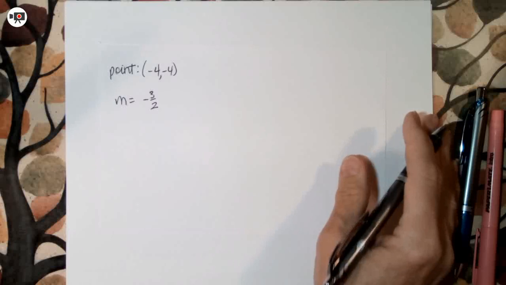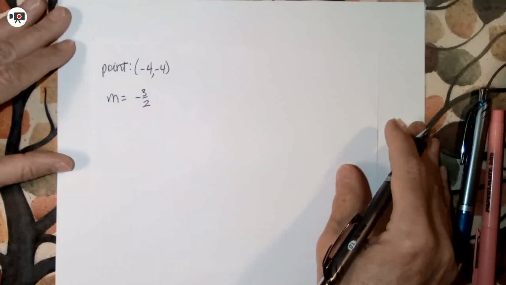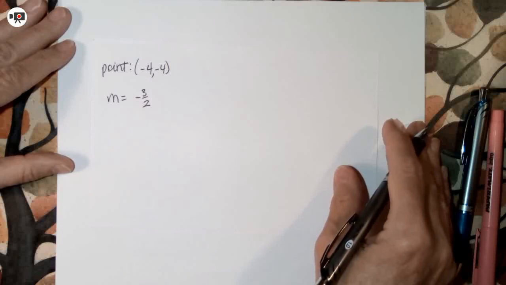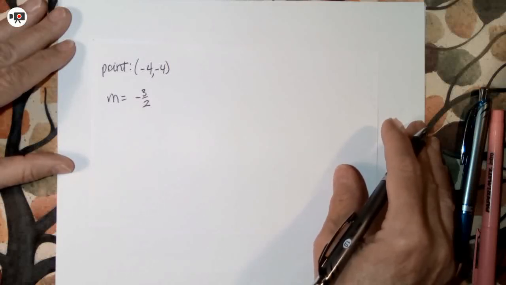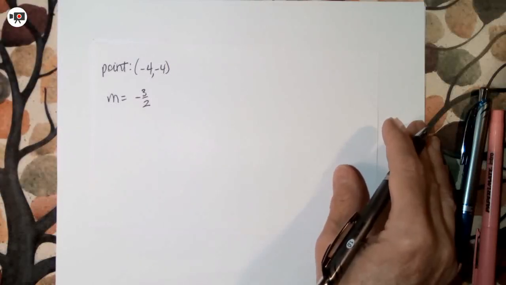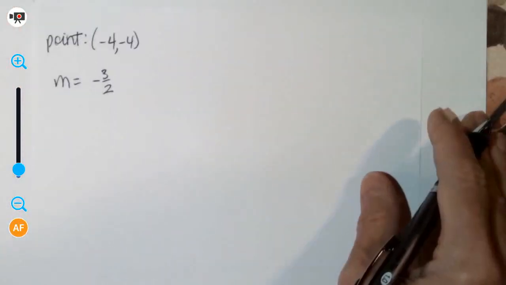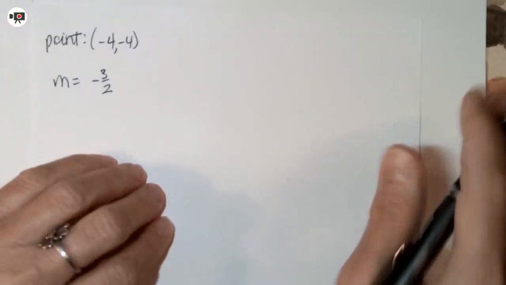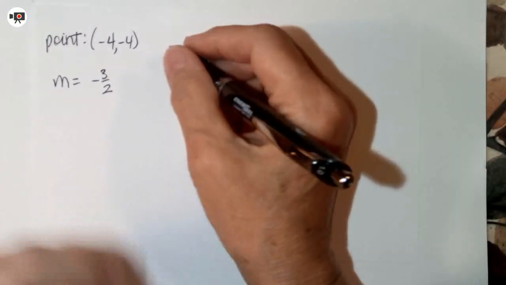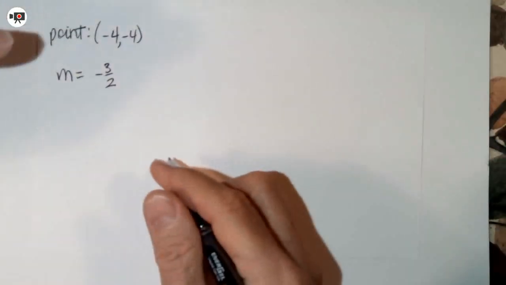And I want a line in standard form. So I want it in standard form. I have a point, I have a slope.